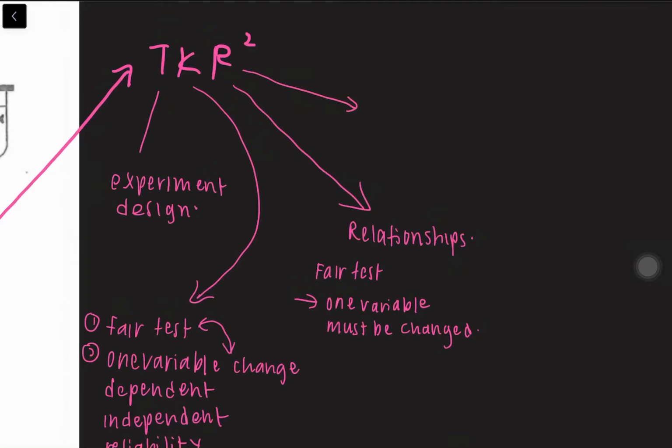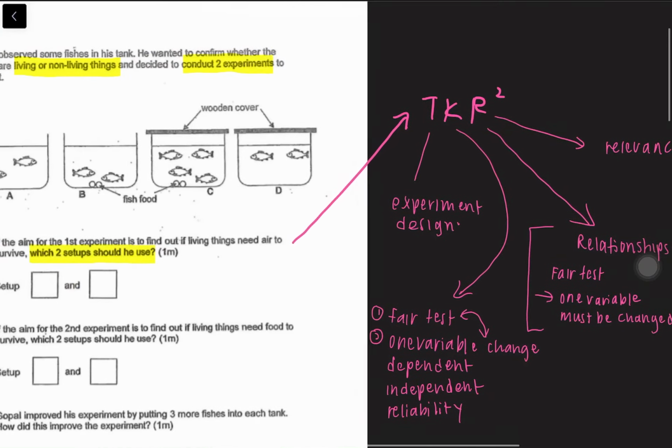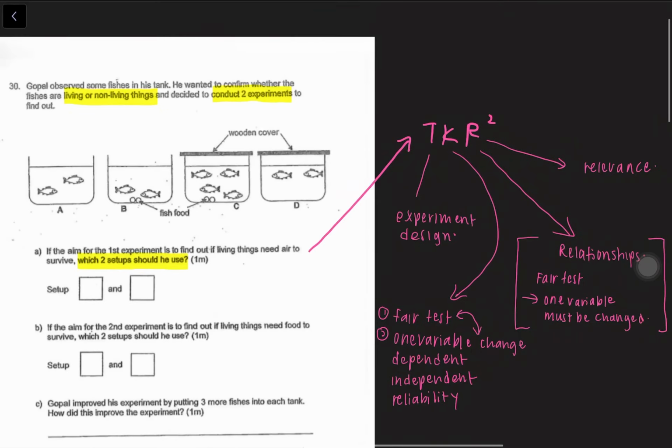Okay, so what now? Let's take a look at our other R, relevance. What is relevant to this question is actually this relationship here. They are asking: if the aim for the first experiment is to find out if living things need air to survive, which two setups should we use?